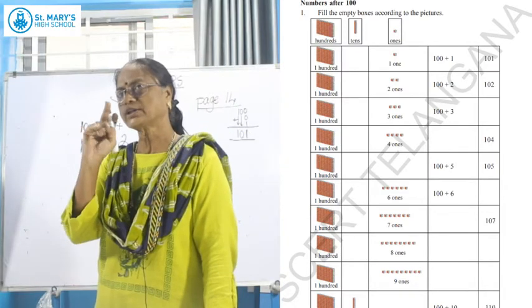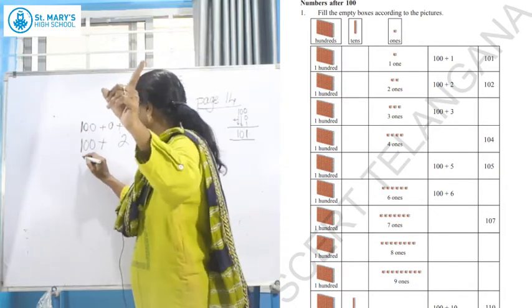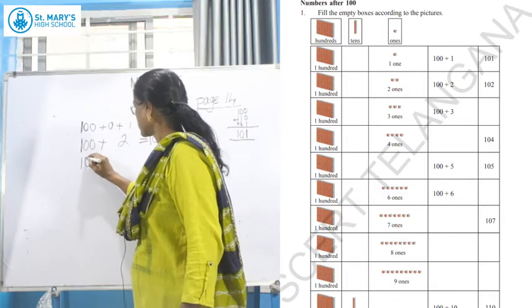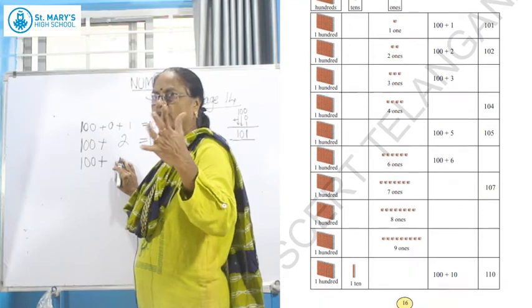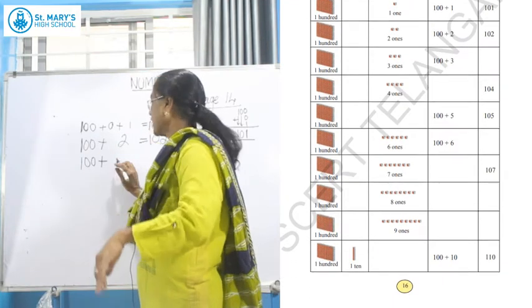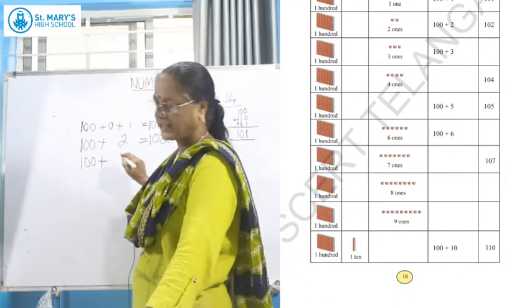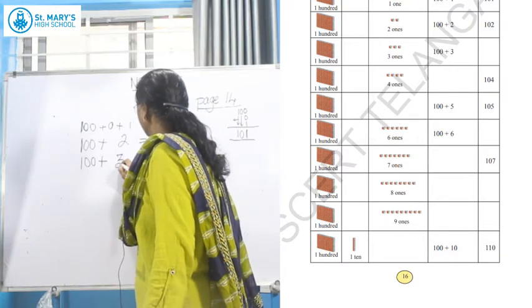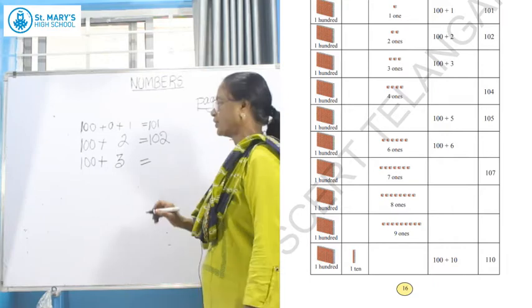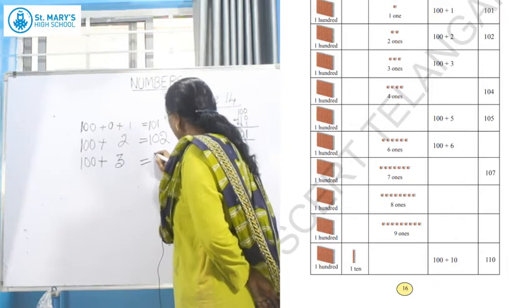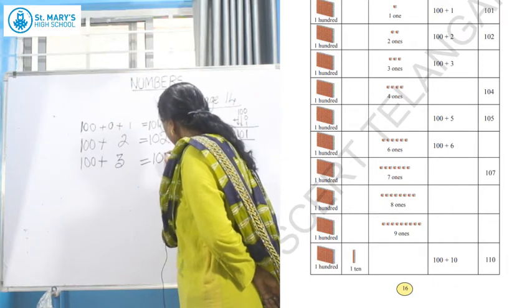Shall we go to the third one now? 100. Write 100 plus tens. No, we don't have tens digit. And we have 3. 100 plus 3 is equal to, answer is not given. You are supposed to write. What will you write? You have to write 103.